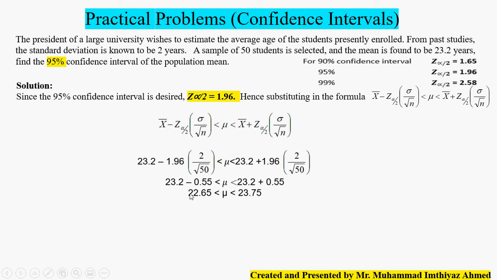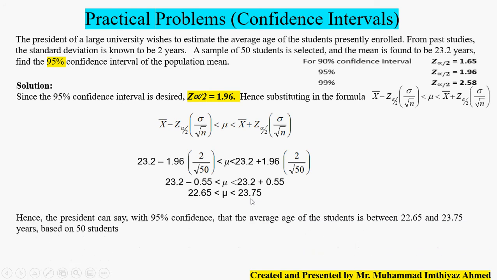Once you do that, the answer will be 22.65 and 23.75. Therefore, the president can say with 95% confidence that the average age of the students is between 22.65 and 23.75 years based on 50 students.